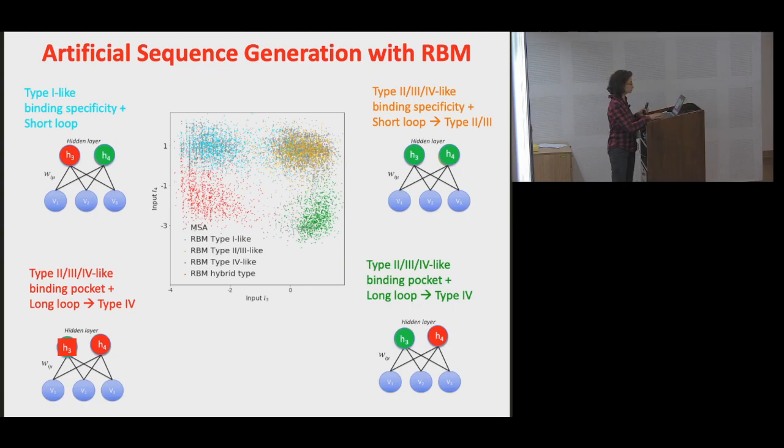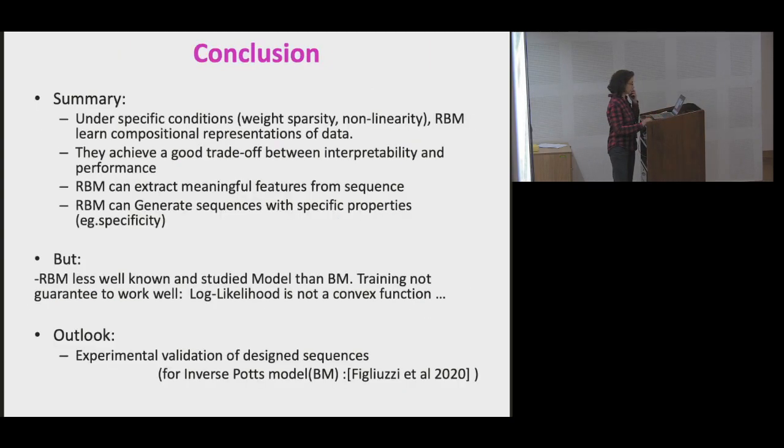As a conclusion, I've shown you that under specific conditions, which are weight sparsity and non-linearity, the RBM learns a compositional representation of data, and they achieve a good trade-off between interpretability and performance, and they can be used to extract meaningful features from sequence data, for example, the type of specificity of the sequence.